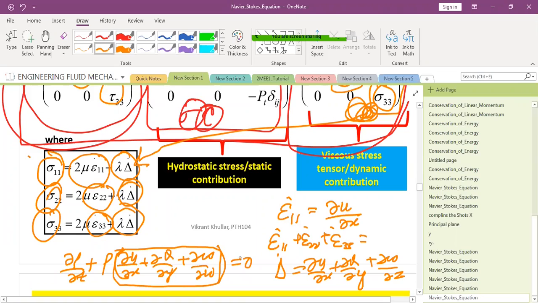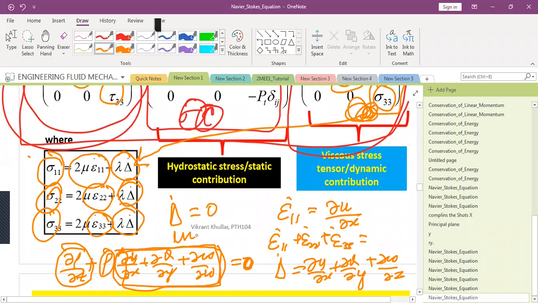This term goes to 0. This is 0, and this is a constant. It means this term is equal to 0. So what does that tell you? Delta dot is equal to 0 in case of incompressible fluids.